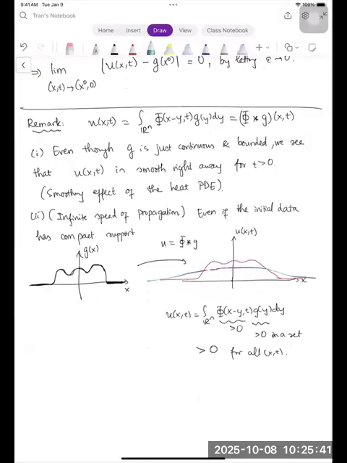Infinite speed here means that right away, the temperature is risen to be non-zero everywhere.